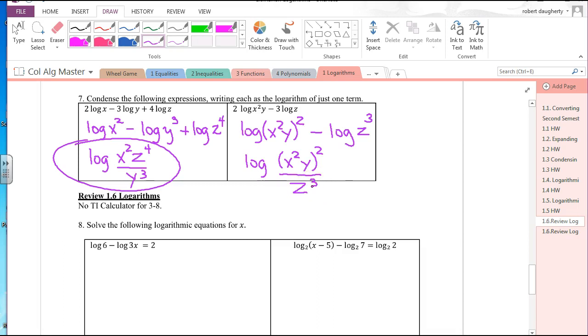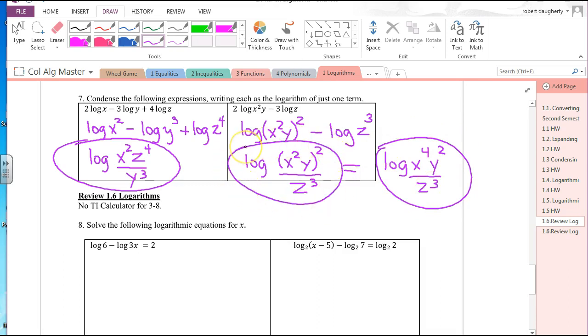Another way of writing that, this was a fine answer, but the other thing you could have written is the log of x to the 4th y squared over z cubed. That is, you could distribute that exponent out. So either of these would be a good answer.